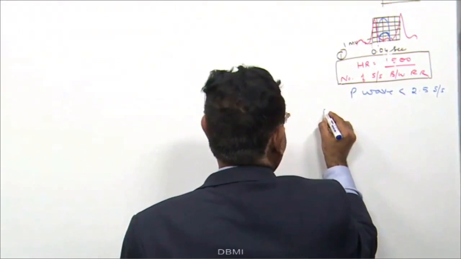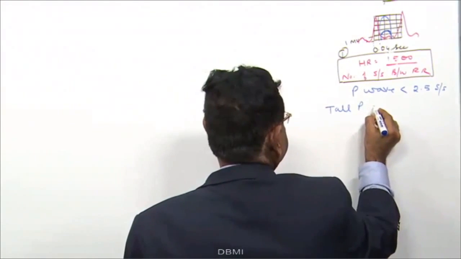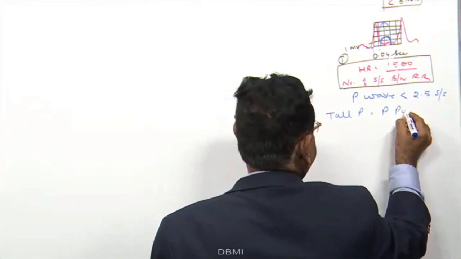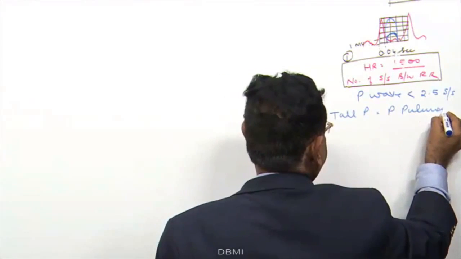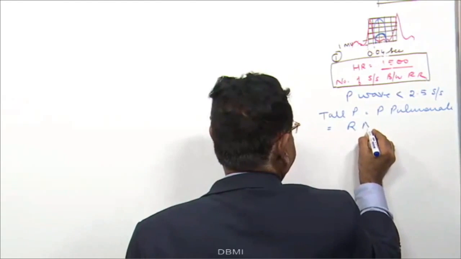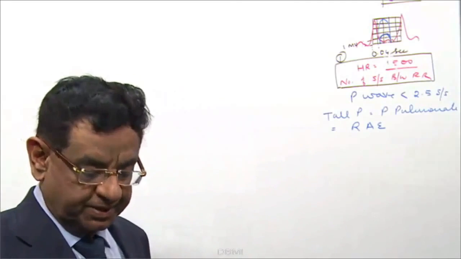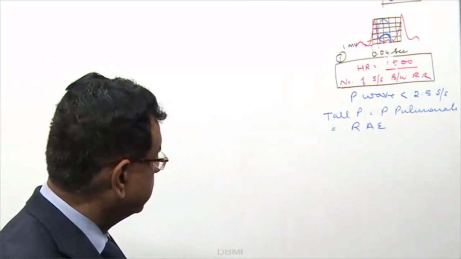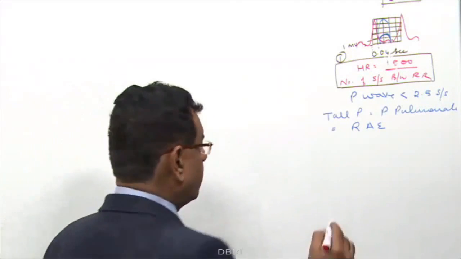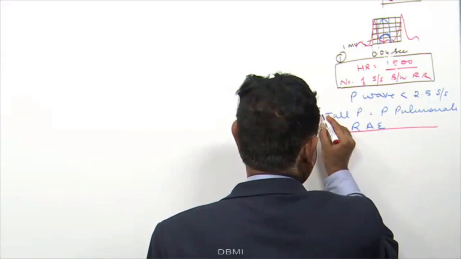So tall P wave is equal to P pulmonale, equal to right atrial enlargement. Okay, and this is the box number 2.